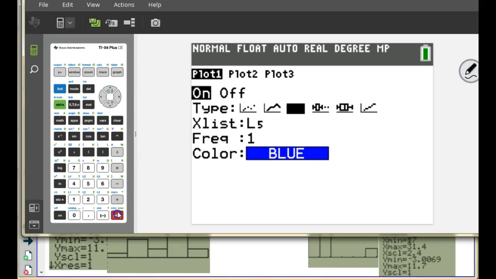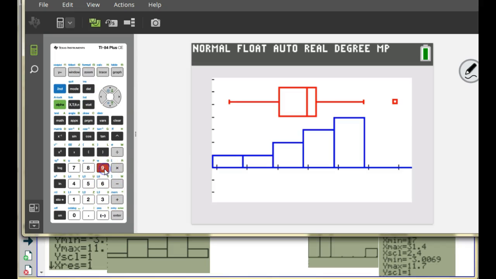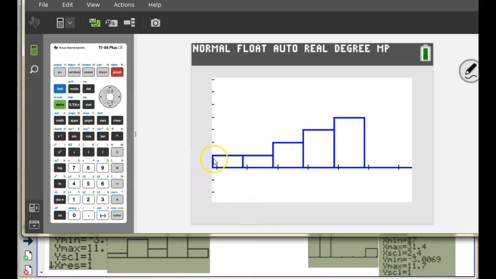And then if I want the calculator to do it, I can just turn it on and do a zoom stat, which is 9. Oh dear, I have one still on. I thought I turned them both off. Okay, so this looks a little bit skewed what? Yes, skewed left or skewed negatively, because most of the data is up here.